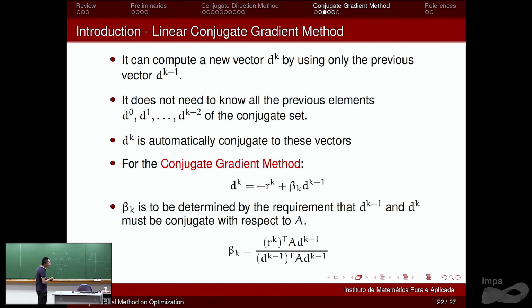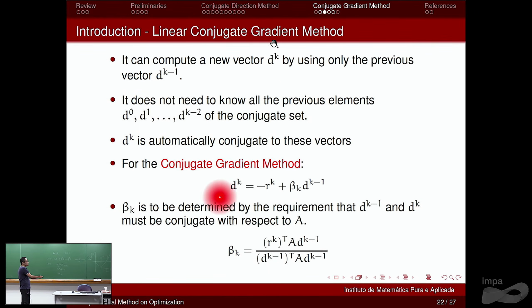Okay? And beta k is determined by the requirement that dk minus 1 and dk must be conjugate with respect to A. Okay? So you just multiply dk minus 1 transpose A on both sides of this relation, and since dk and dk minus 1 are conjugate, then you can get the definition of beta k very easily.